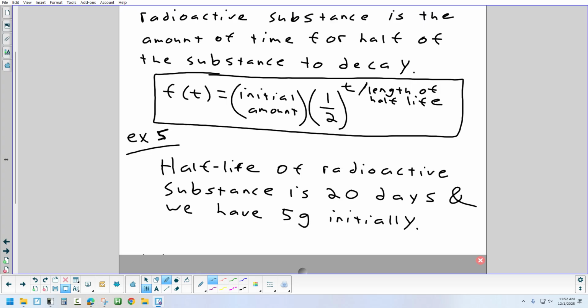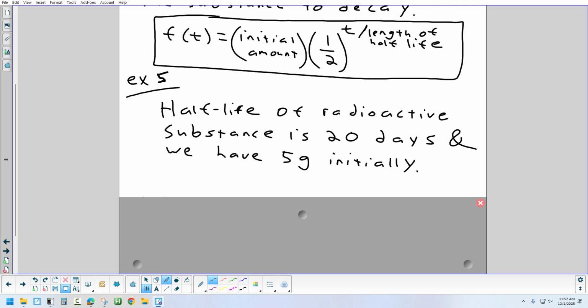But it's not decreasing linearly to 2.5. It's decreasing exponentially to 2.5. So you can't say, well, after 10 days, I'd be right in the middle of what I'm going to end up with, which is 2.5, and what I started with. No, because it doesn't decrease linearly. It decreases on a curve.